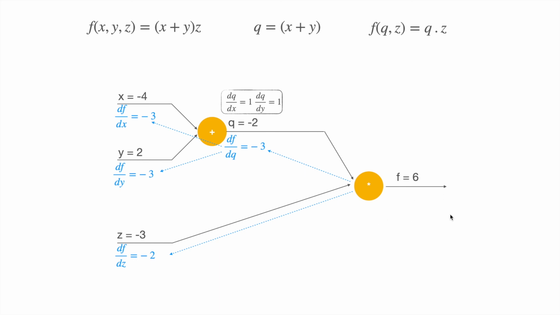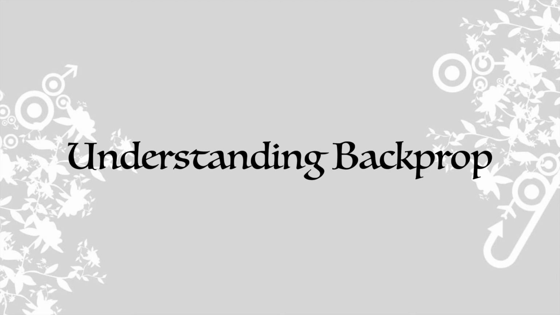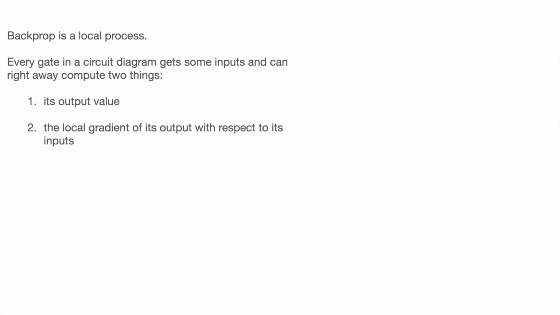Understanding the back propagation, what's happening in the back propagation process? Every gate can perform two things. One, it can perform its operation, that is intended, either addition or multiplication in the previous example.